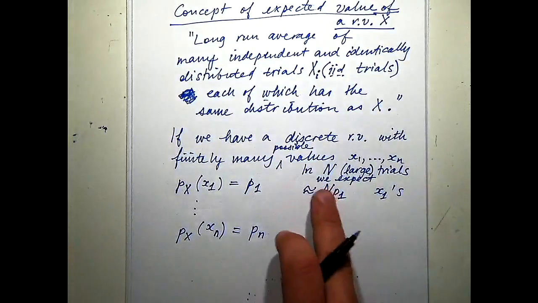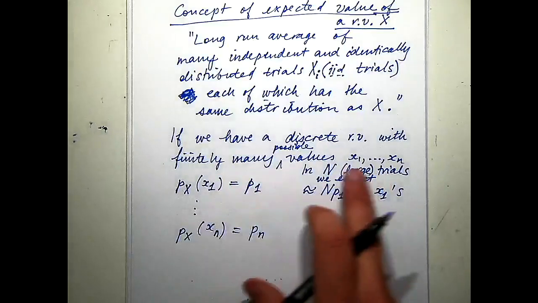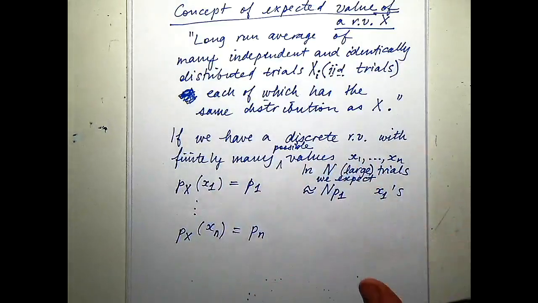I've only got these finitely many values. Think of a die. Your values are 1, 2, 3, 4, 5, 6. I do a large number of trials, say 6 million trials. I expect 1 million ones, 1 million twos, 1 million threes, 1 million fours, 1 million fives, 1 million sixes. Now, it won't be on the nose. The chance of being exactly 1 million is low. But it will be around that.